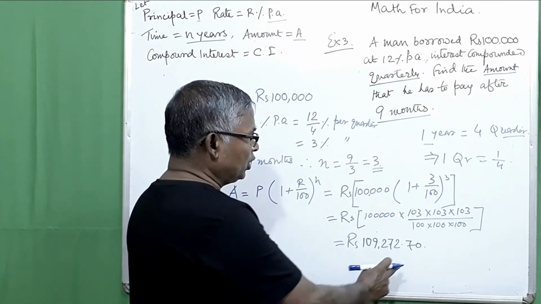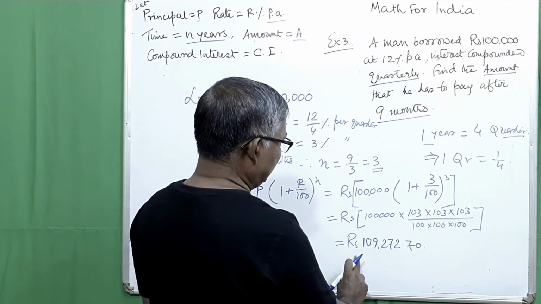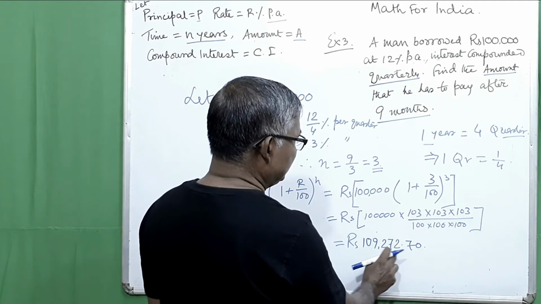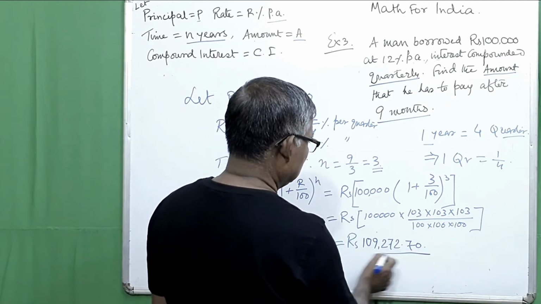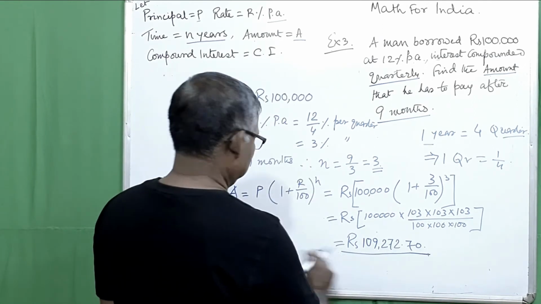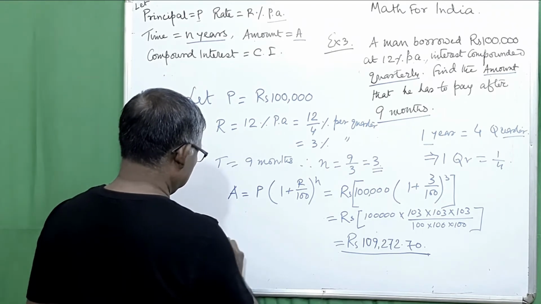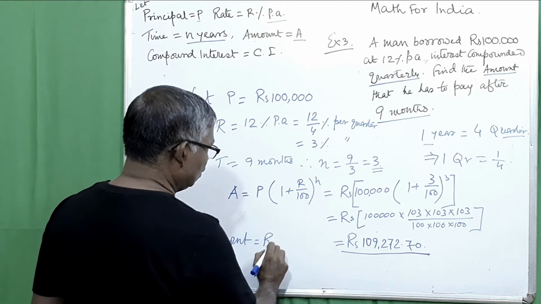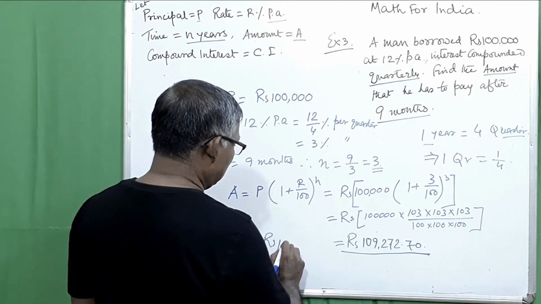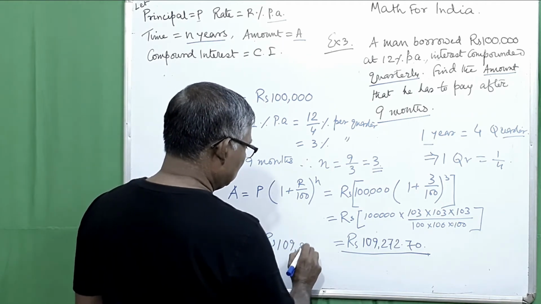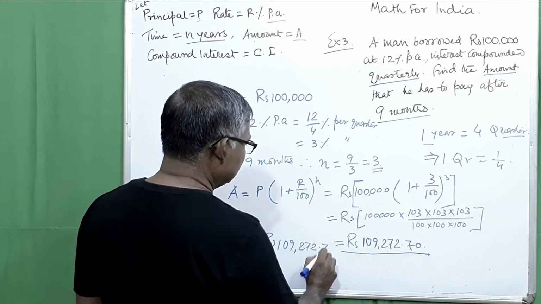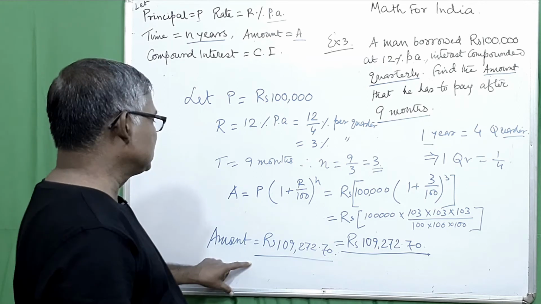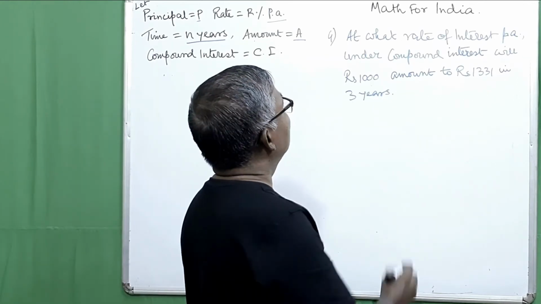After calculation, we will get rupees 1,09,272.70. Here we see this is the amount equal to rupees 1,09,272.70. So he has to repay this amount. Let us consider the problem.